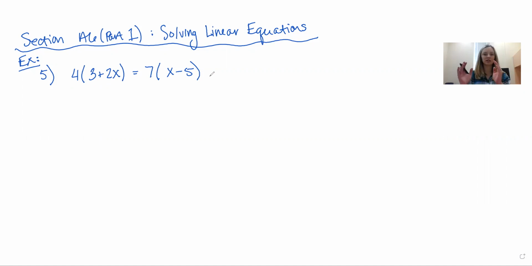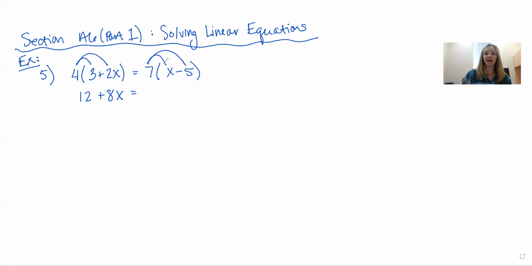Anytime you have parentheses, first thing you want to do is clear those by distributing. So just like we saw in section AR 1.4 where we distributed, we're going to go ahead and distribute on both sides. On the left side, we have 4 times 3, which is 12. 4 times 2x is 8x, and it's positive, so plus 8x.